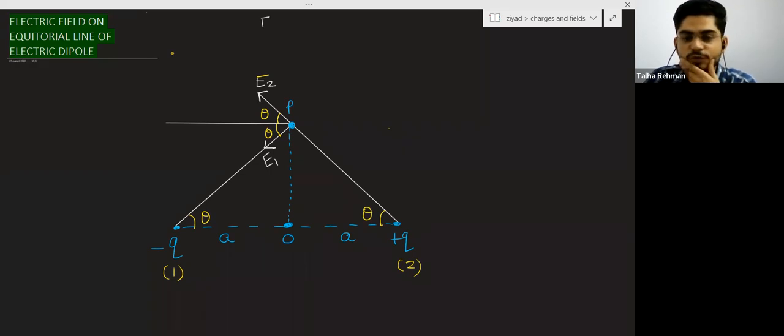Now we will take the components. I have told you the resolution of vectors in this chapter also. So we will resolve E1 and E2 along the x-axis and along the y-axis.